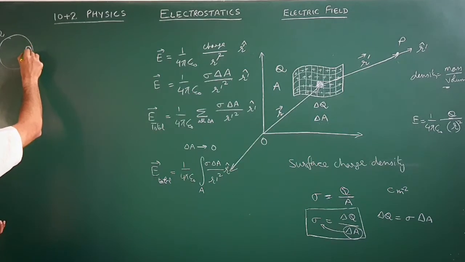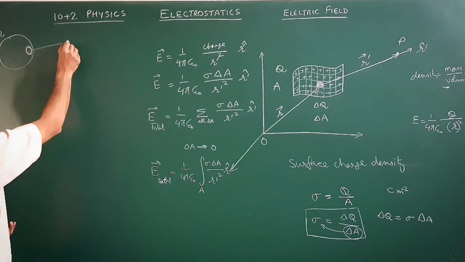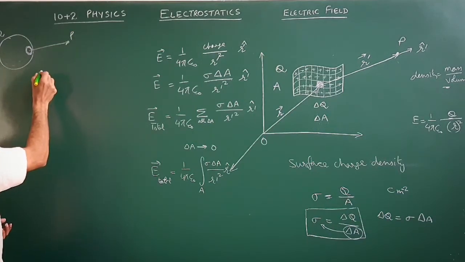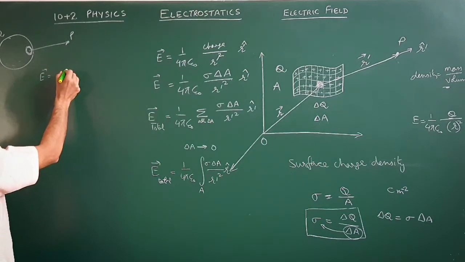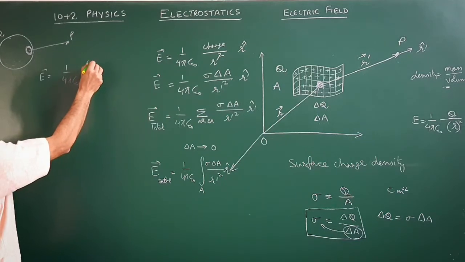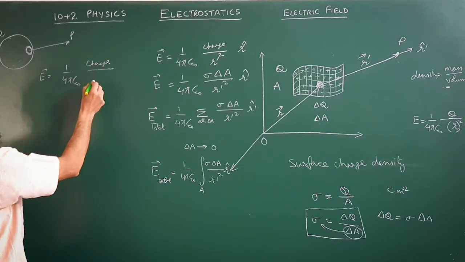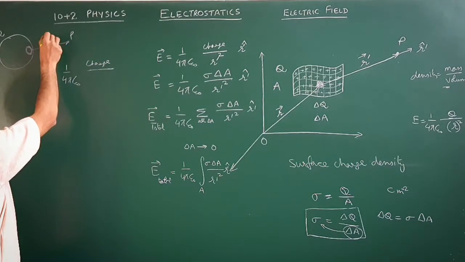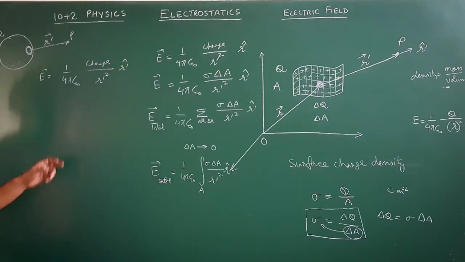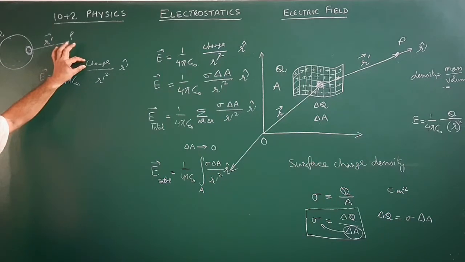I have to follow the same steps: 1 upon 4 pi epsilon naught, charge over the distance r dash square into r dash cap. But what will be the value of charge?